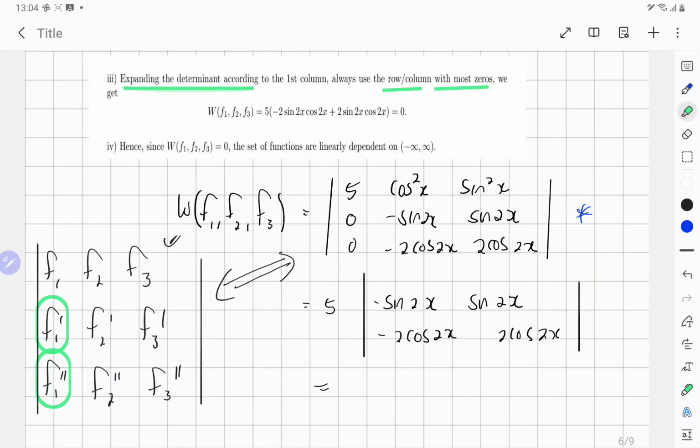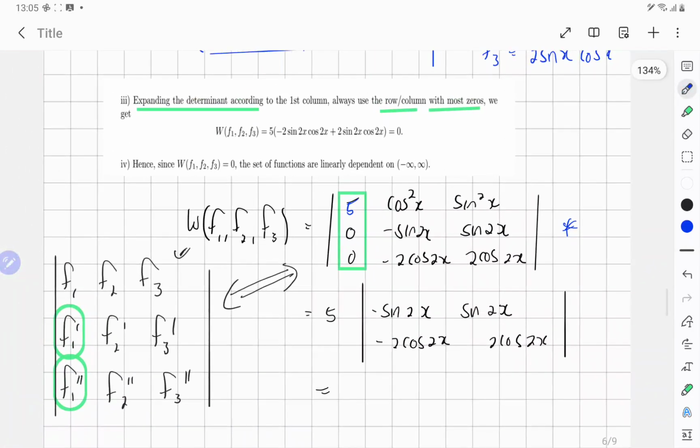So I'm going to expand my determinant according to my first column. Why? Since I have 2 zeros in that column.